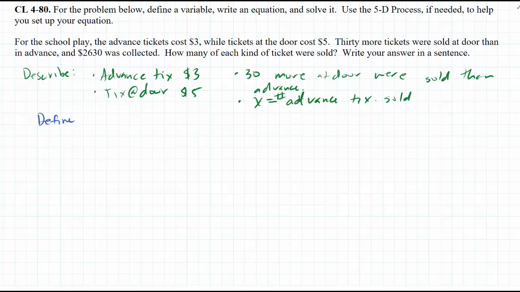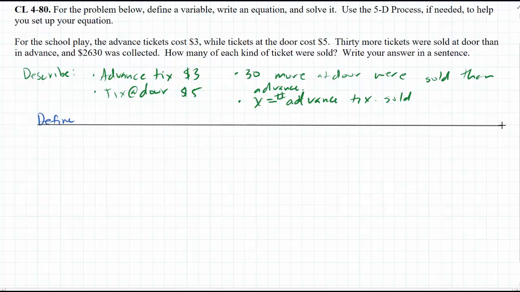So for the define, let me draw a line. The money earned from advance tickets is just X, the number of advance tickets sold, times 3.